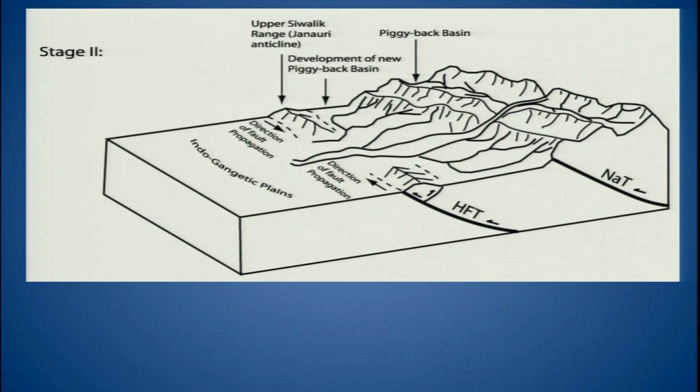So direction of the fold propagation has been shown here by these two arrows. So these fold segments started growing on either side, so radially.